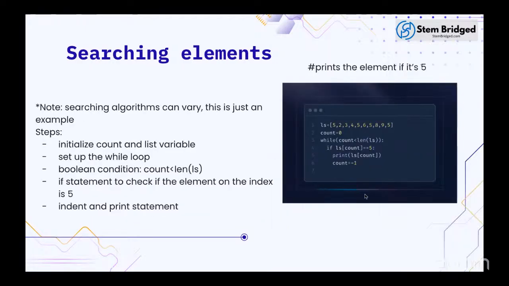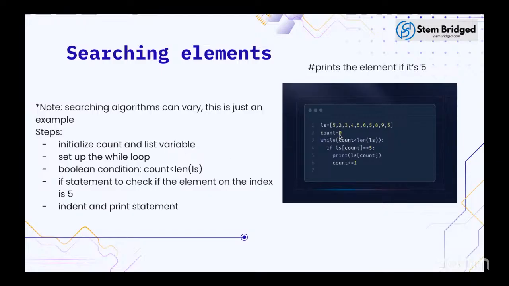Searching elements. Searching algorithms can vary. This is just an example. This one is called linear search. It basically checks all of the elements.